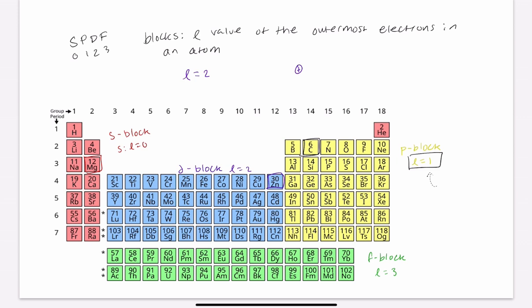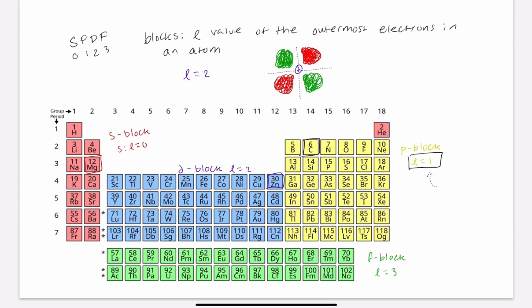So if we have 2 angular nodes, remember we're going to have that clover shape where we have the negative sign here, positive sign here, negative sign here, and positive sign here.